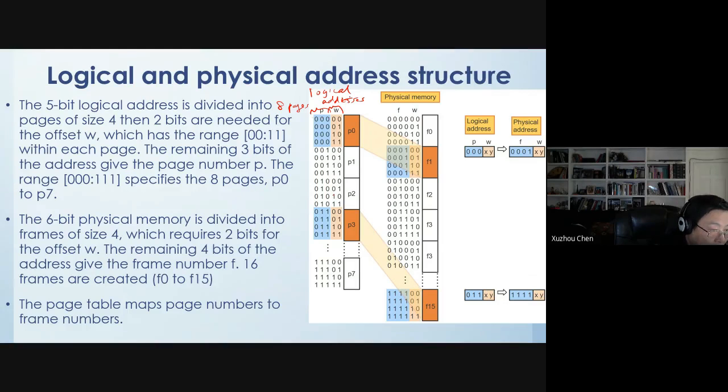So the total number is 32 logic addresses with a 5-bit logic address. Now, for the physical memory, if the physical memory is 6-bit, that means it is larger than the logic address, right? With 6 bits, I can represent a total of 2 to the 6, which is 64 physical addresses.